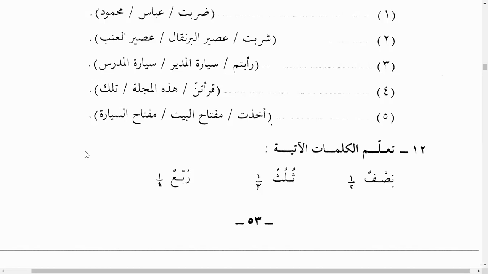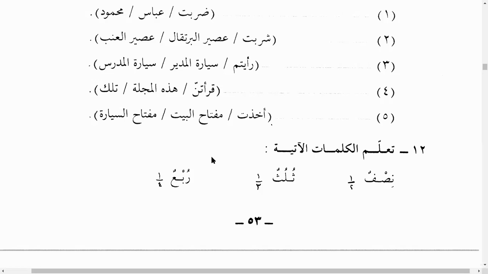When you see mim with kasra, that means this is ismul ala. In the future, when you see mim with fatha on the pattern of maf'alun or maf'ilun, it is an adverb of place. When you see mim with kasra, mif'alun or miftahun, it is a noun of instrument, which they call ismul ala.